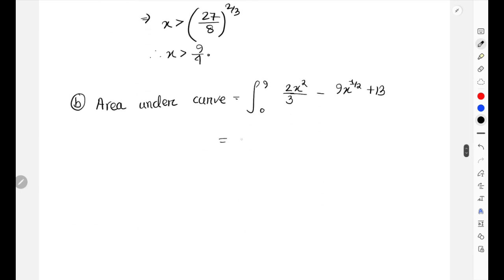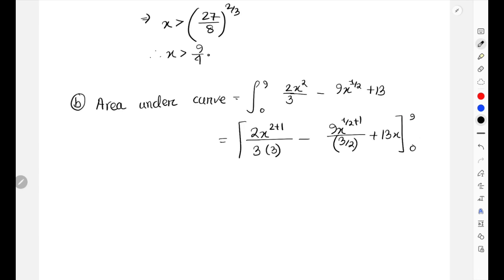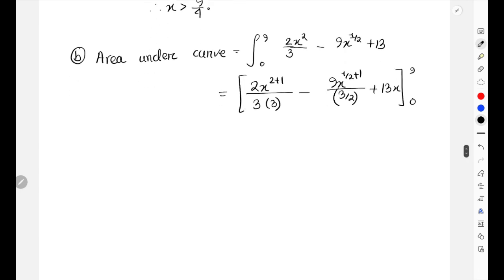Again you have this 2x squared plus 1, which is 3, so you're going to get 3 multiplied with 3 because that was your new power, and then 9x to the half plus 1, that is 3 by 2, and then again 13x within the boundary of 9 and 0, right? This is your case for integration, and after integration, I'll just simplify it.